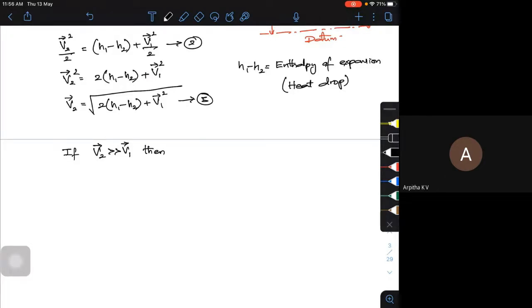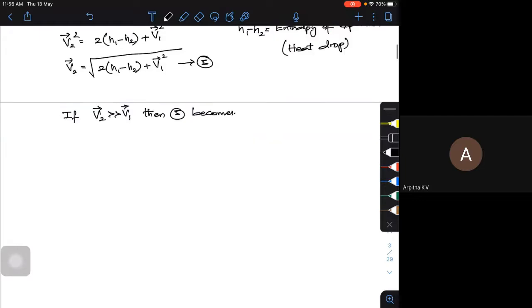Suppose your exit velocity is 300 meters per second and your inlet velocity is 5 meters per second. So comparatively, your inlet velocity is smaller than your exit velocity. That's the meaning of it, there is no other meaning. That means this equation 3 I can write as V2 is equal to square root of only 2 into (H1 minus H2).